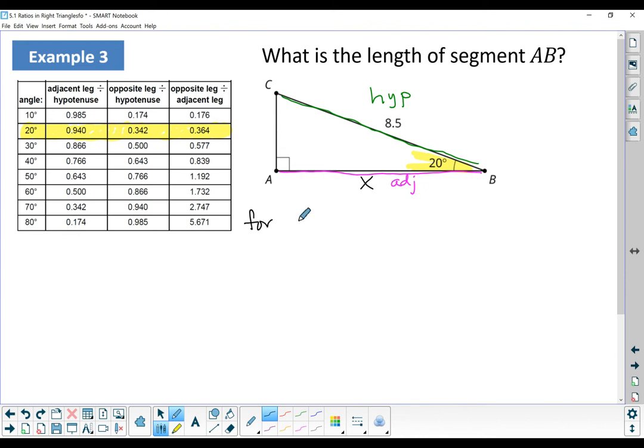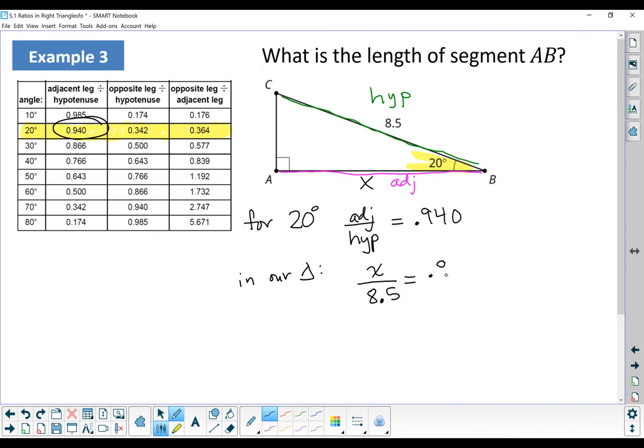For a 20-degree angle, adjacent divided by hypotenuse is 0.940. In our triangle, the adjacent is x and the hypotenuse is 8.5. So we can fill those two values in on our ratio: x divided by 8.5 is equal to 0.94.